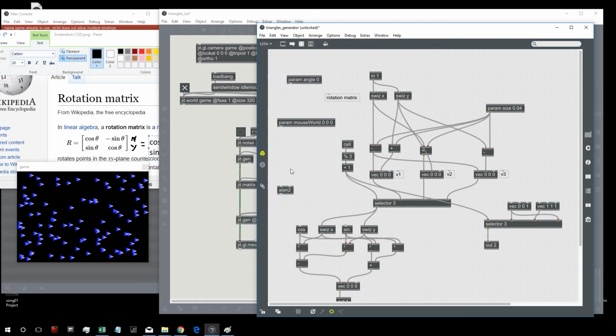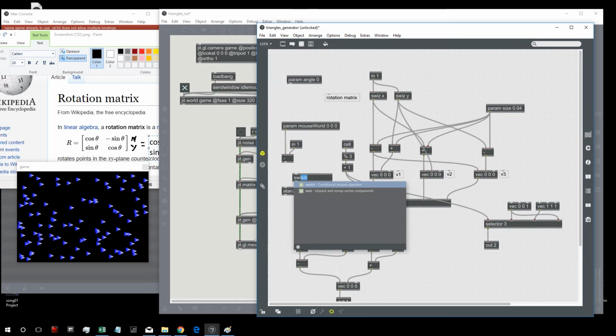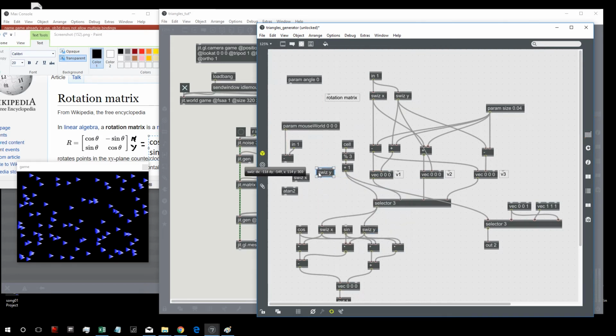This point could be the position vector resulting from the subtraction of our world coordinates with the position of our particle. We have to switch the x and the y: the y of this vector goes inside the first input of the atan2, and the x goes in the second input. And this will give us the angle between our mouse and a particle.